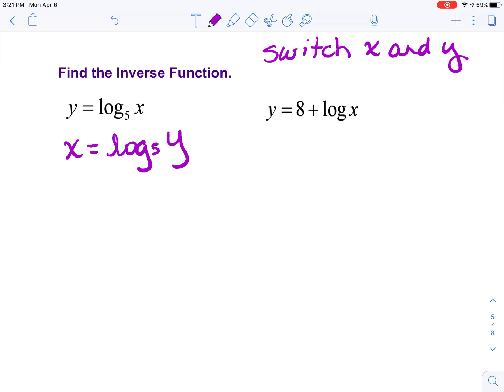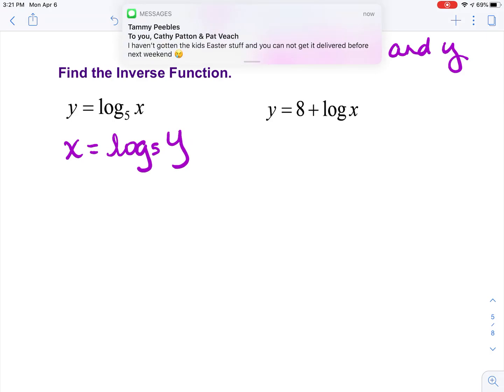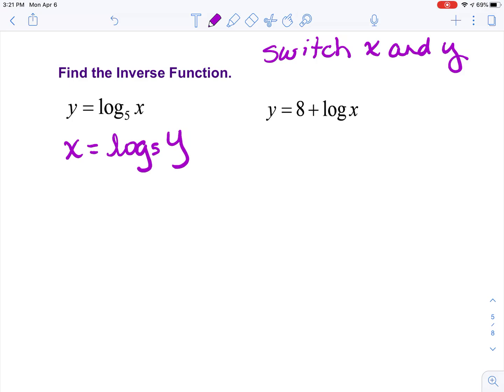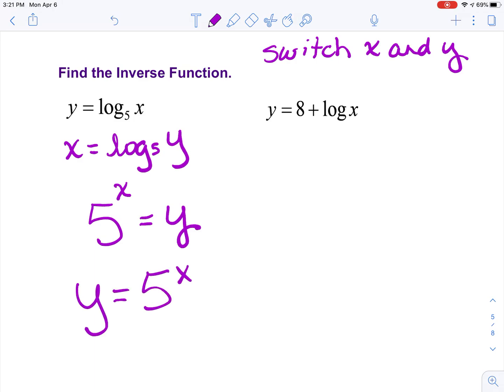Now we're going to write it out as my base is 5 to what's my exponent? It always equals the exponent. X equals log base 5 of y, so y equals 5 to the x would give us our inverse.